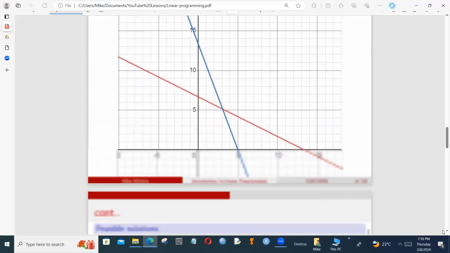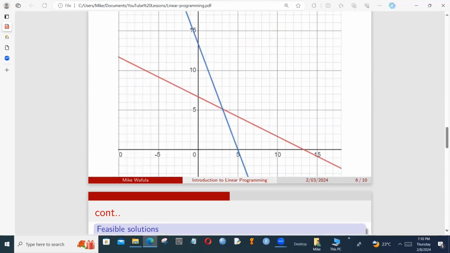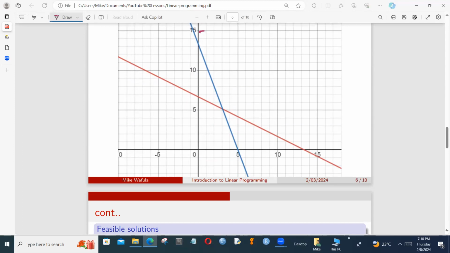When we plot them, we'll find that this is the line 2x1 plus 3/4x2 less or equal to 10. And the other one will be 6x1 plus 12x2 less or equal to 80.